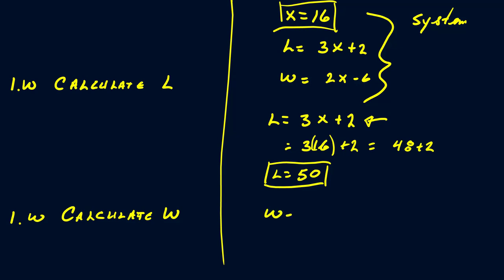So the width equals 2x subtract 6. We'll substitute this value of 16 into this equation. That gives us 2 times 16 subtract 6. 2 times 16 is 32.